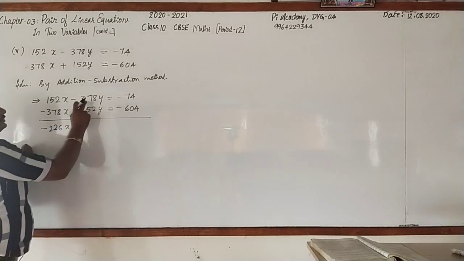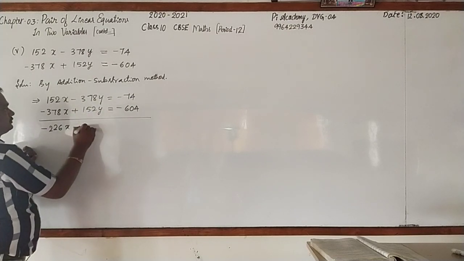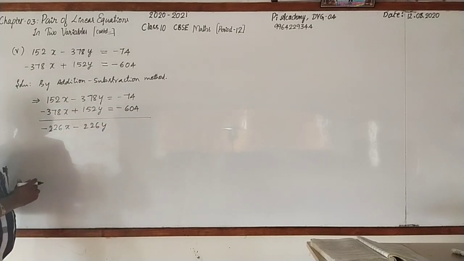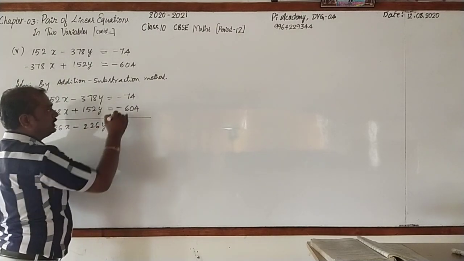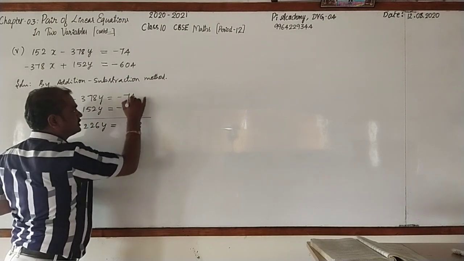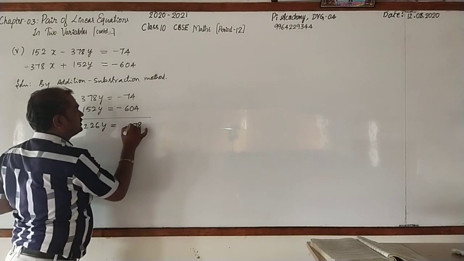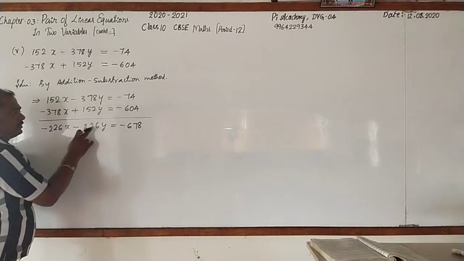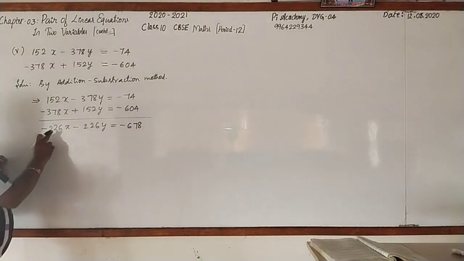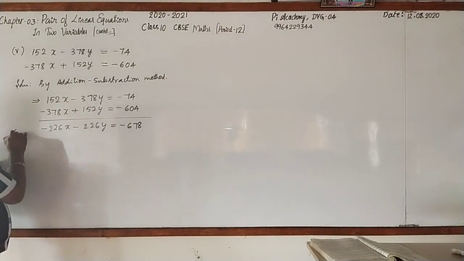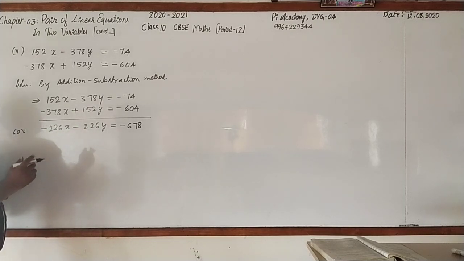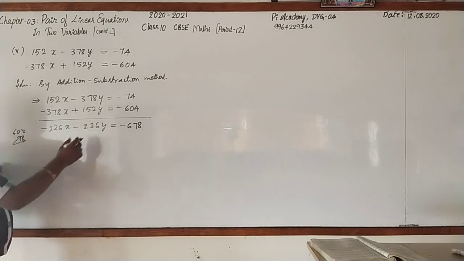Similarly, here also, minus 226y. Then what about here? Here 8, 7 and 6, so minus 678. And you can notice that this is 226 and this is 678. 200, 200, 200 is 600, and 26, 26, 26 makes 78, so 678.